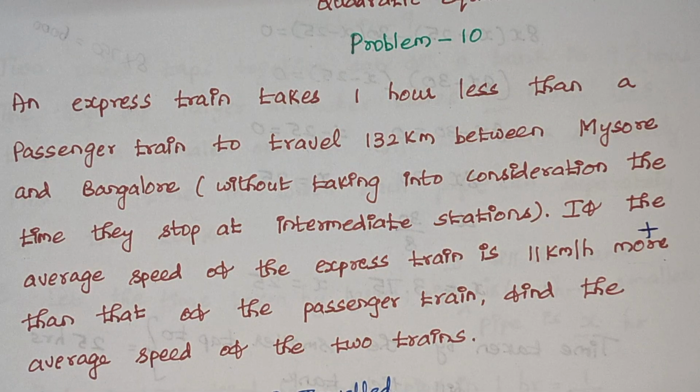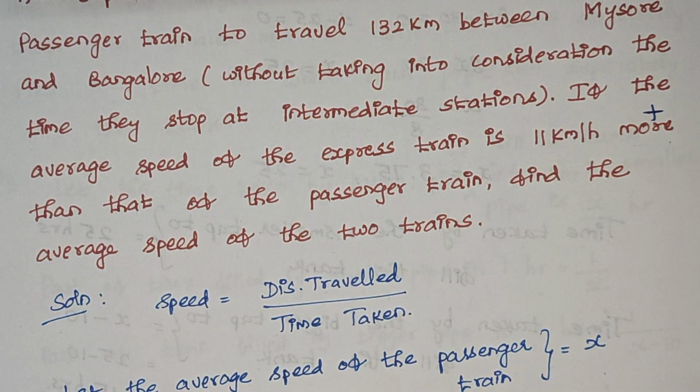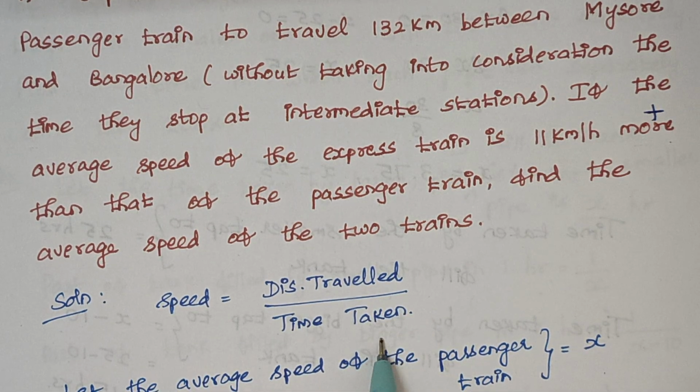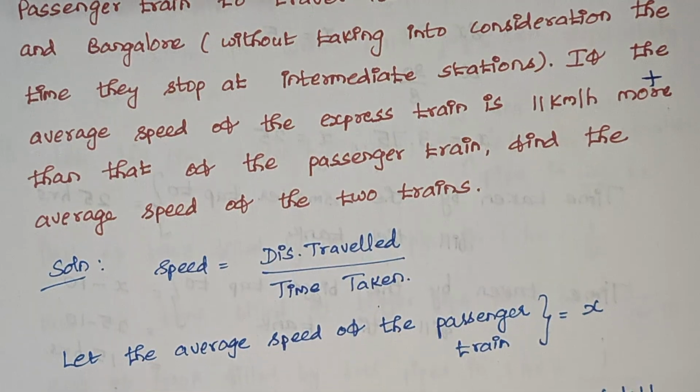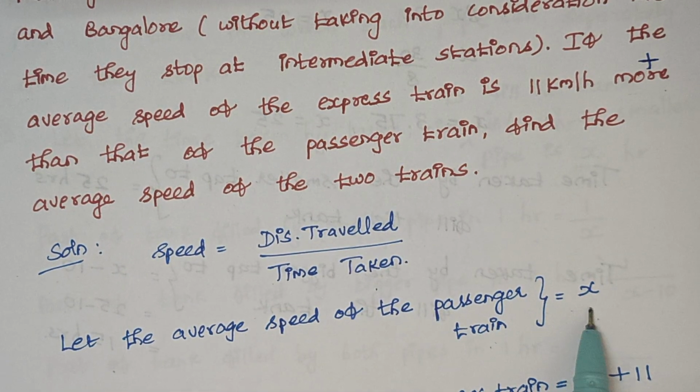Now we have to calculate the speed of the two trains. So, what is the relationship between speed, distance and time? Speed is nothing but distance travelled divided by time taken. So, first we start with: let the average speed of the passenger train be x.